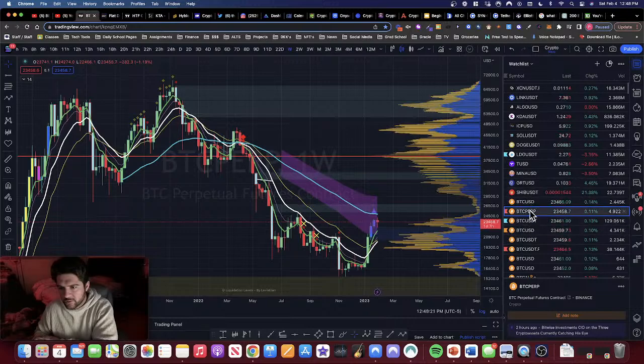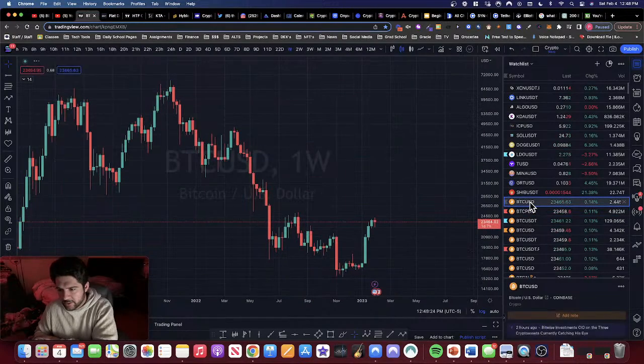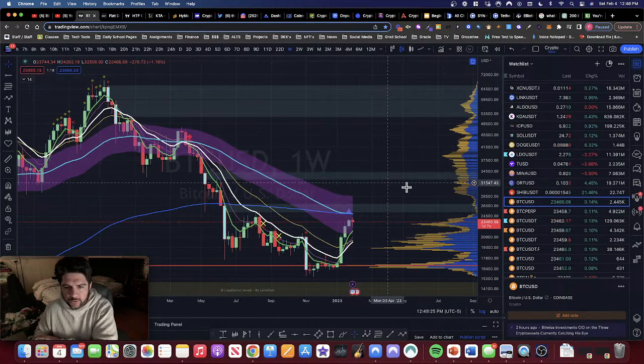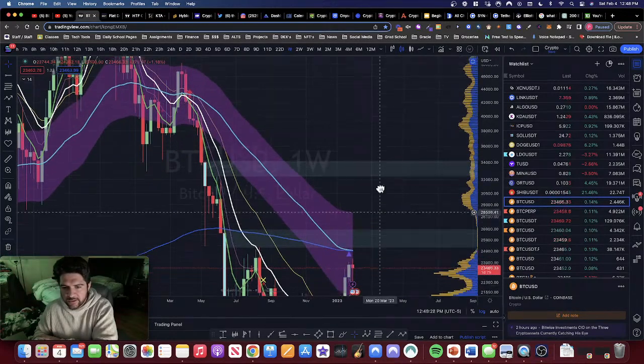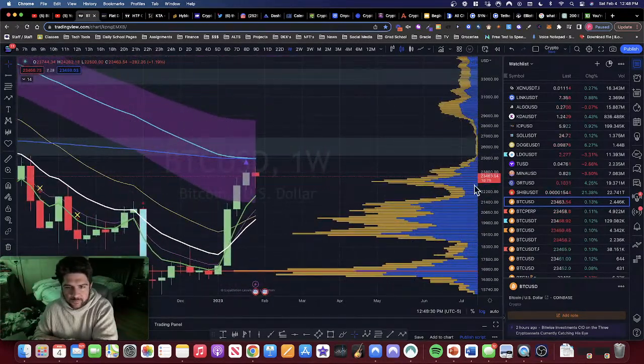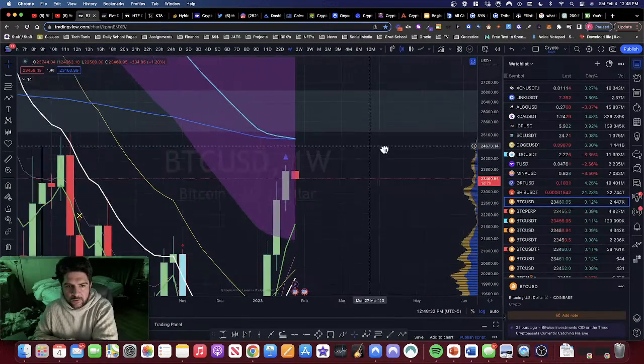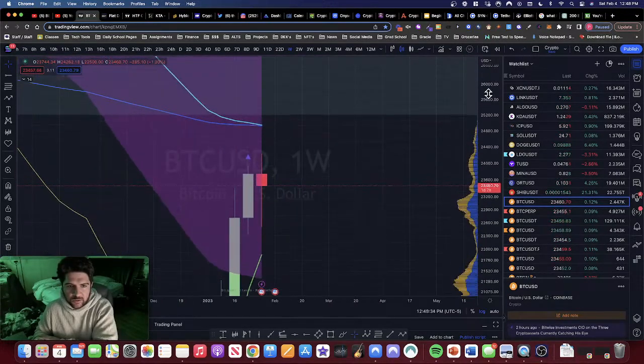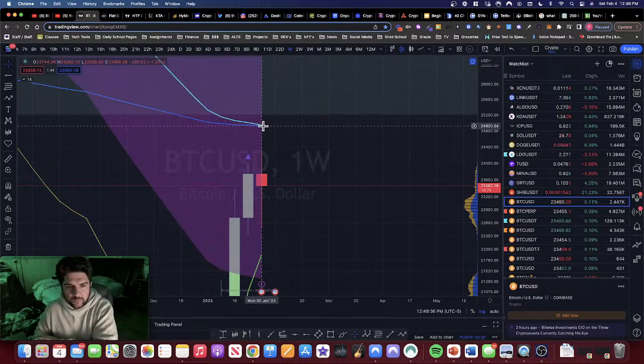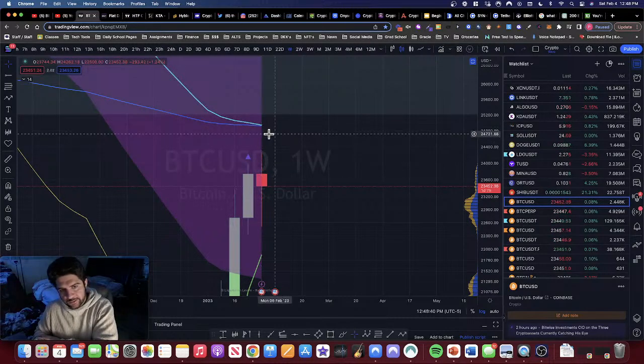So you've got something like Coinbase. Is this Coinbase? Yeah. On Coinbase, you can see, if I was running a bot algorithm, they're about to cross, maybe, depending on where it closes, sometime next week or the following week.